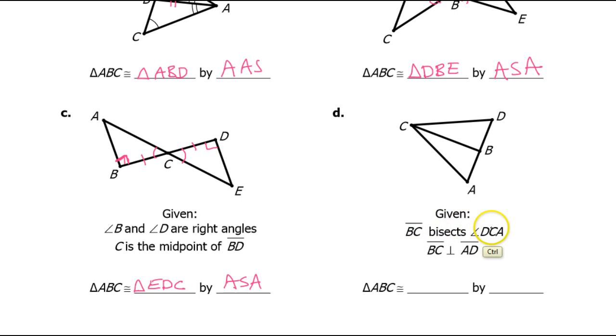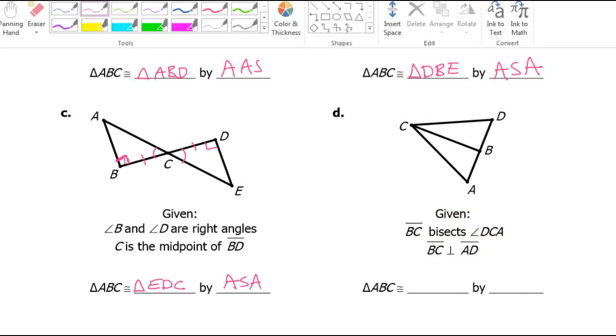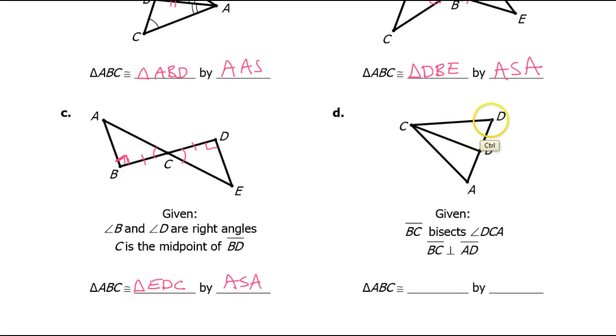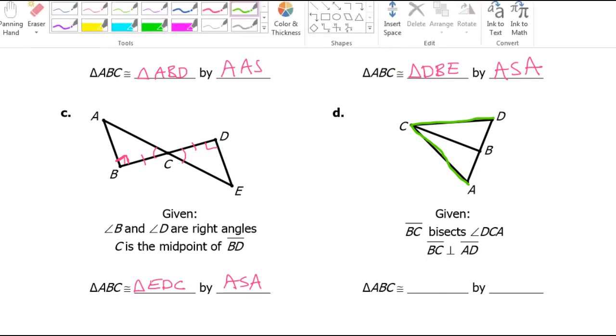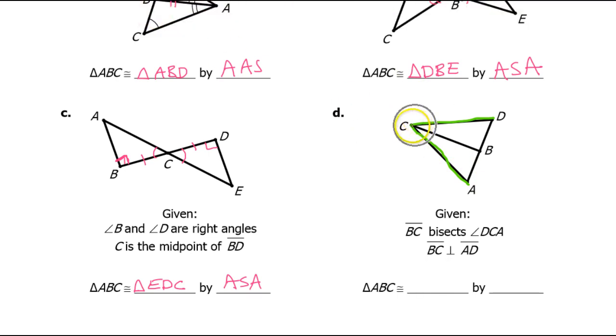BC bisects angle DCA. Please notice angle DCA is up here. And if BC bisects that, that means that this is the bisector, which means that this green angle is being divided equally.